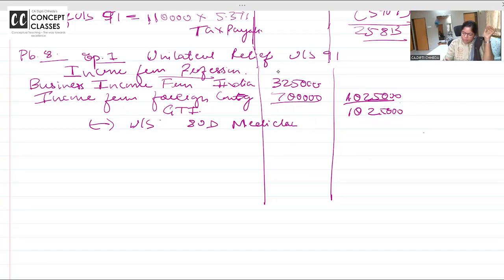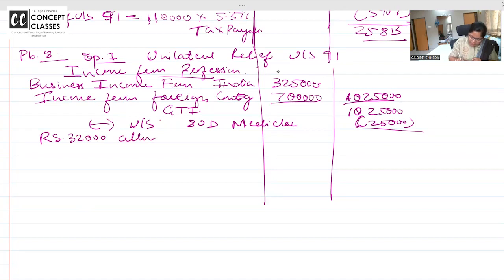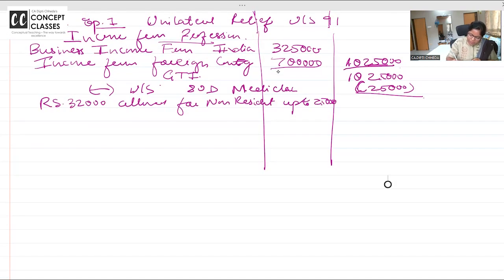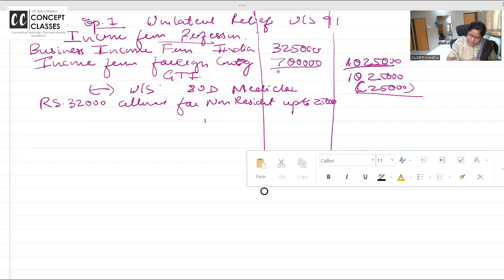So we will write a note for it and we will restrict it to 25,000. Again, the pen is giving trouble. I need to get one more tab now. Okay, write down note: Rupees 32,000 allowed for non-resident up to 25,000. ठीक है? चलो.